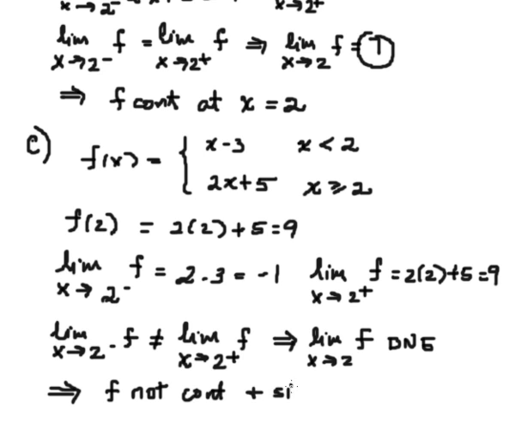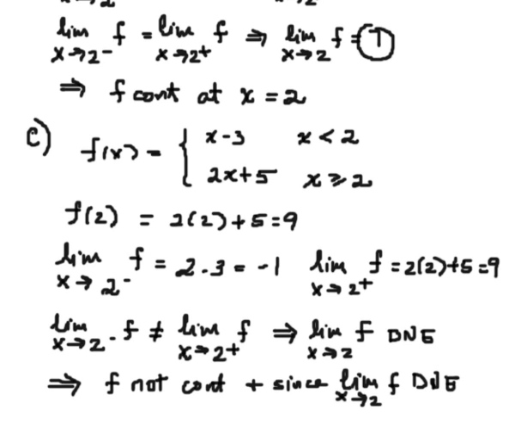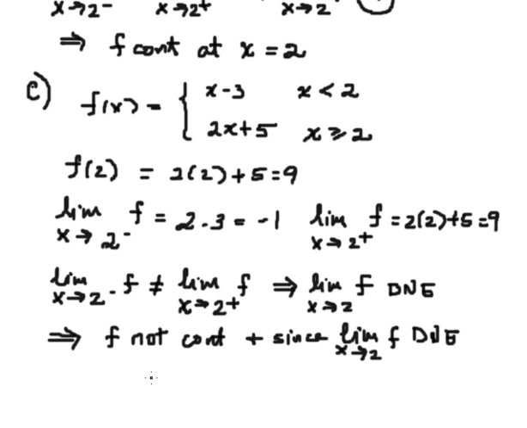And since the limit as x goes to 2 of f does not exist, we can also conclude that the discontinuity at x equal 2 is not removable.